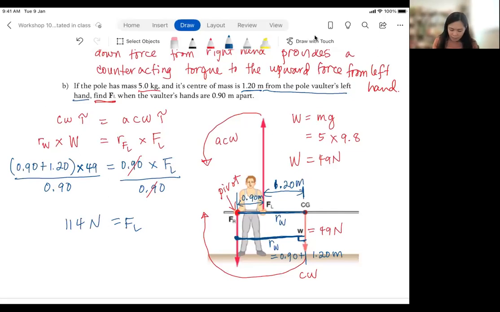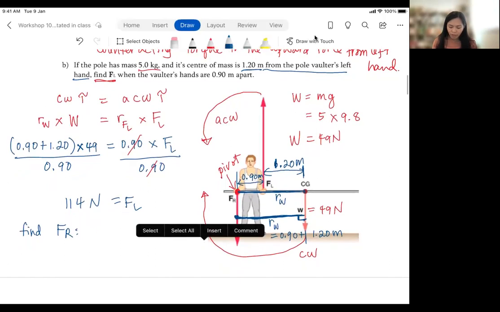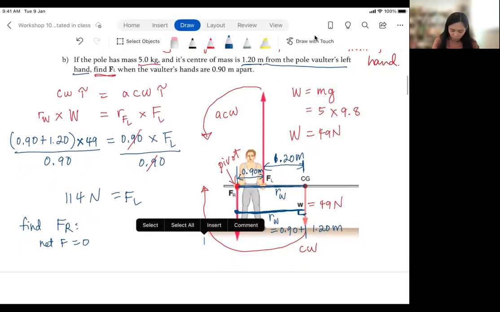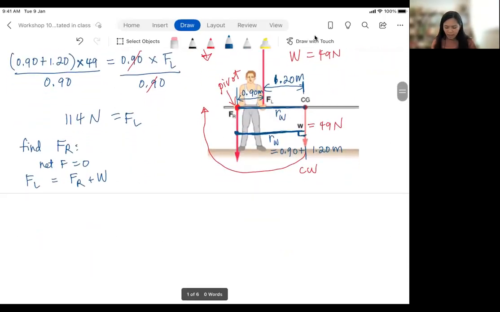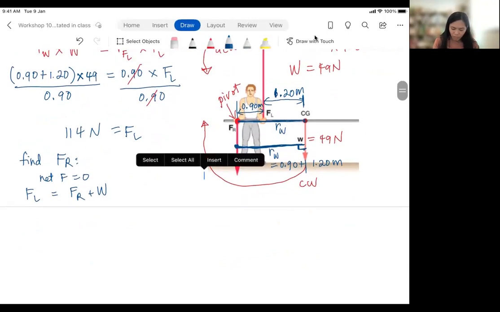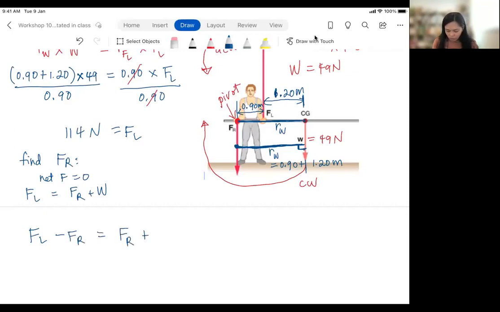Okay, in case you were asked to find FR, then you can either put the pivot point at FL or you can use net force equal to 0, in which case the upward force FL should be equal to the sum of the downward forces, FR plus the weight force.